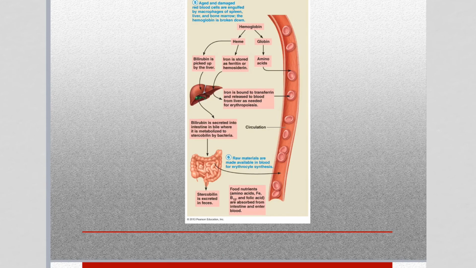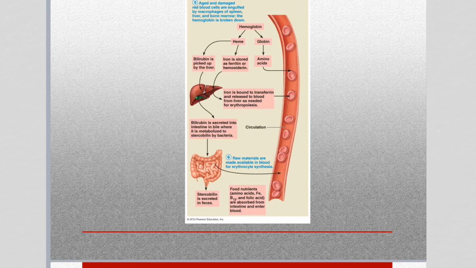As far as red blood cell destruction, as the red blood cells age, they lose their flexibility and they become rigid and fragile. Hemoglobin begins to degenerate, so their lifespan is about 100 to 120 days. Dead, abnormal, dying red blood cells are going to migrate to the spleen. The spleen is considered the graveyard for red blood cells.